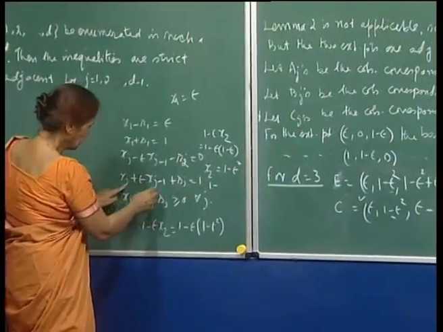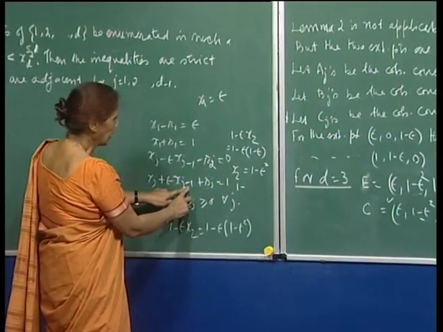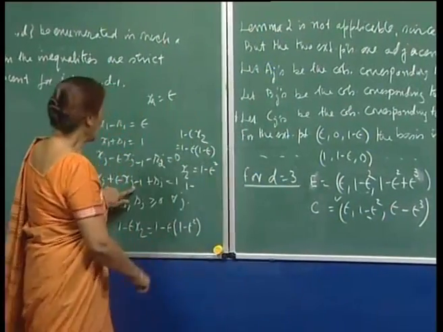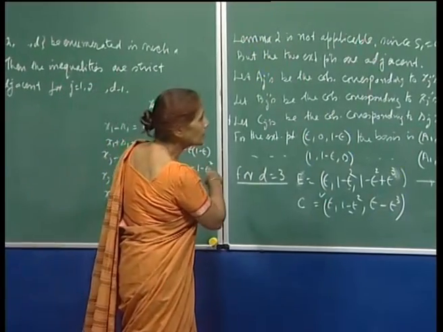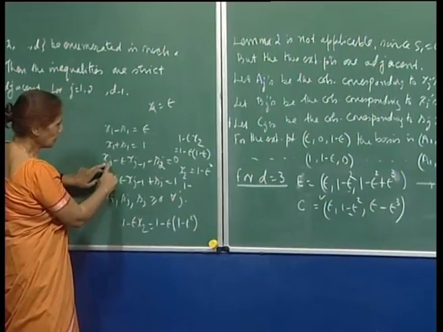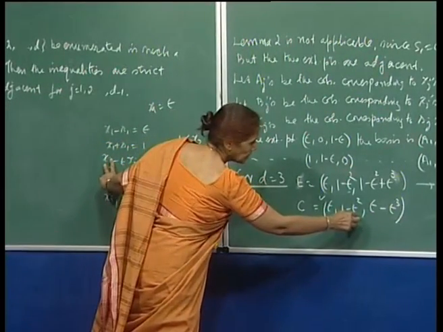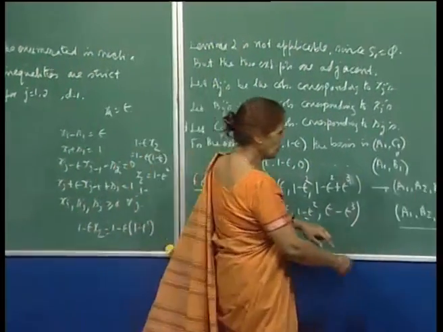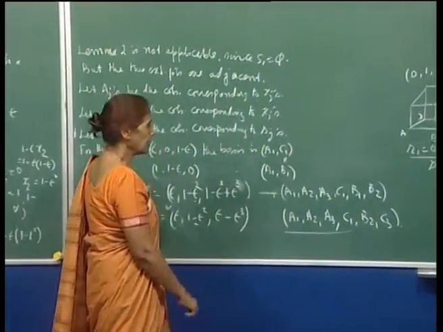So, from here x2 will be equal to 1 minus epsilon x1, and x1 is epsilon, so 1 minus epsilon square, right. And then again R3 is 0, so you get x3 equal to epsilon of x2, which is epsilon of 1 minus epsilon square. So, epsilon minus epsilon cube, right, and so the corresponding basis is this, because R1 and R3 are not there in the basis.